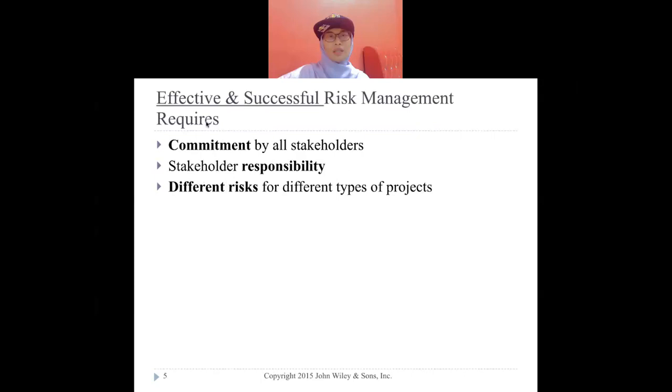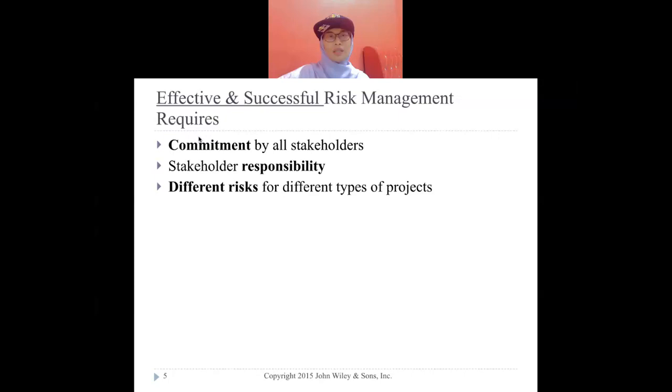So, in general, when we say that we have successful or effective risk management, it should have commitment by all the stakeholders. And stakeholders have responsibility. What the stakeholder needs to do, as a project manager and also the team, you need to complete the project.